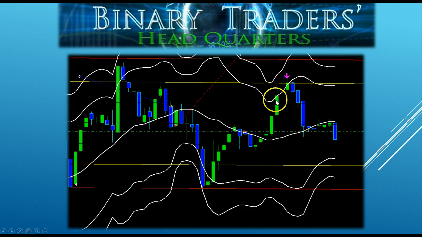All right, then I'm looking for price to come up and break this first Bollinger Band, either touching or breaking this yellow trend line, or even better, the red trend line. And then on the 55th second of this signal candle, I'll take my trade.